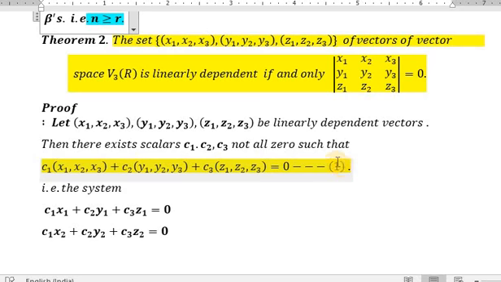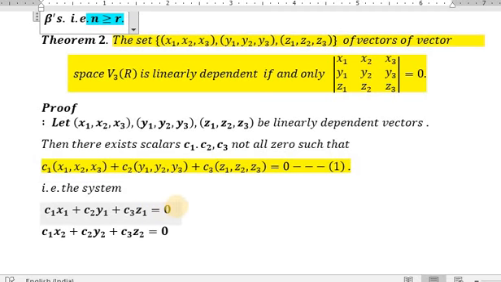Now, from equation 1, the system of equations leads to the following system, by multiplying the first term with c1, the first term with c2 and the first term with c3. So we get c1 x1 plus c2 y1 plus c3 z1 is equal to 0. All first elements are multiplied with the constants and added.